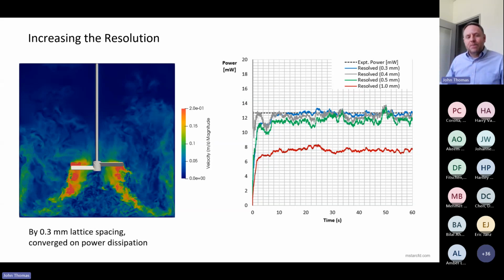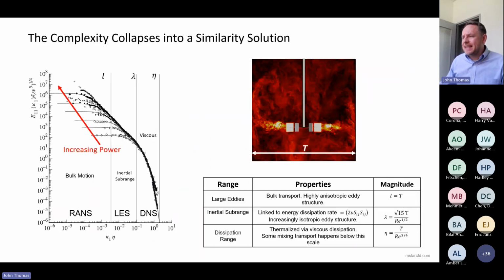But it's kind of satisfying here to see LES transition to DNS as the grid spacing gets smaller and smaller, as the grid spacing approaches the Kolmogorov length scale, and we go to capturing the entire turbulent energy spectrum. So again, in RANS modeling, we're capturing the bulk motion. We're capturing the big integral scale eddies and have to do a lot of modeling to make up for what's going on subgrid, which is actually where the crystallization process is being driven.